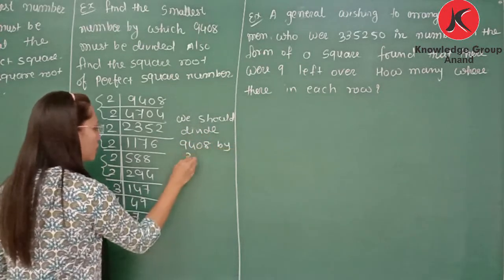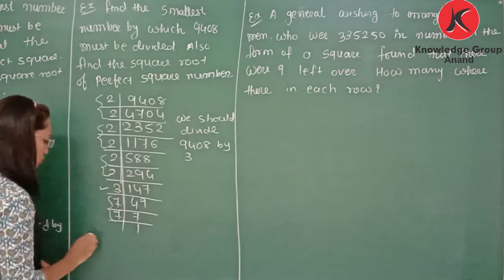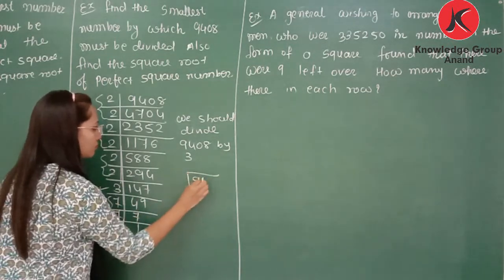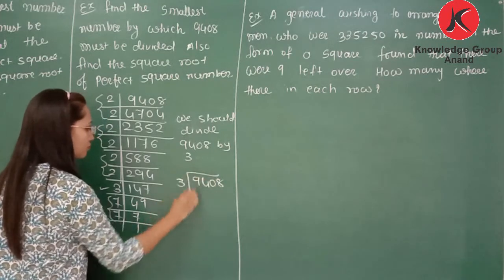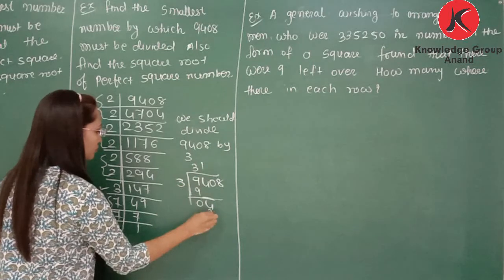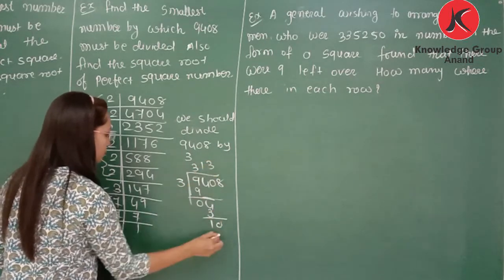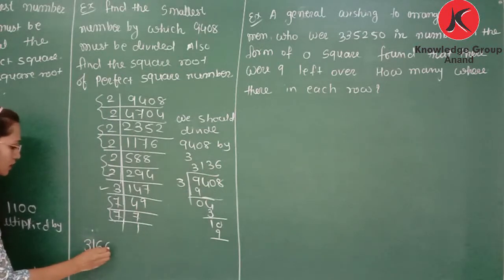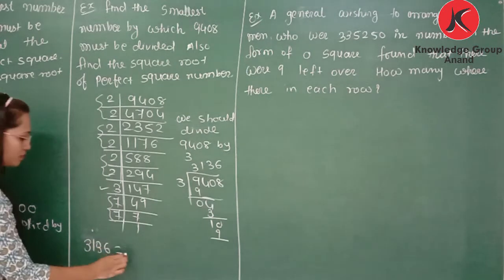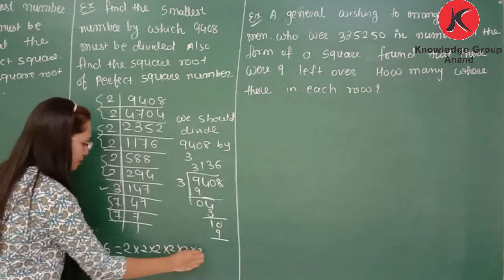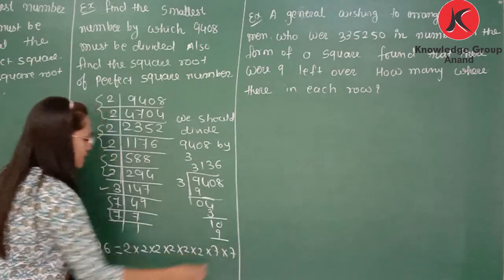9,408 by 3, and if we divide it by 3, we get 3,136, and the factors of this one will be 2 multiply 2 multiply 2 multiply 2 multiply 2 multiply 2, 7 multiply 7.